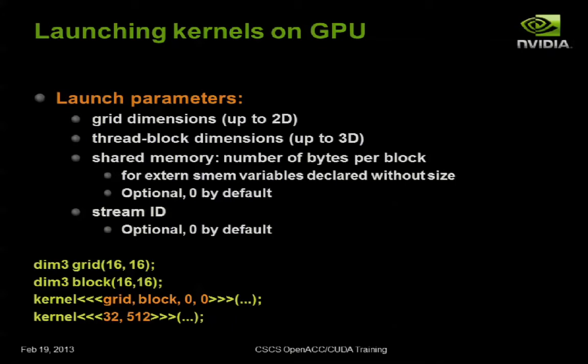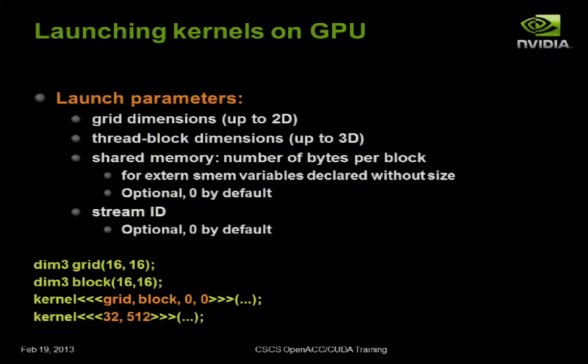And with this mechanism, with the third argument, you can tell the kernel, hey, by the way, you now have 4K of shared memory available per block, or you only have 1K of memory available. Making sure that you're then not trying to use more than the amount of shared memory that you were given at the kernel launch, that's the responsibility of the programmer. But this at least allows you to dynamically adjust the amount of shared memory that you use per block.